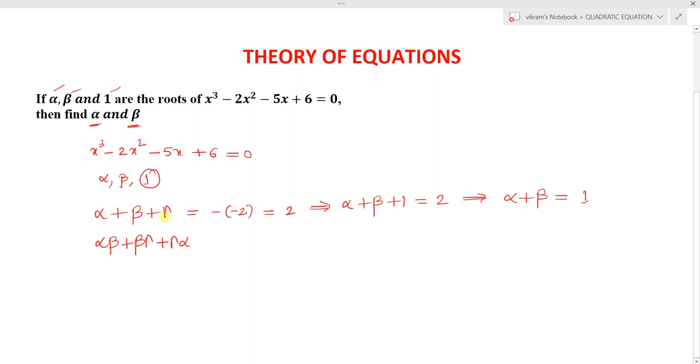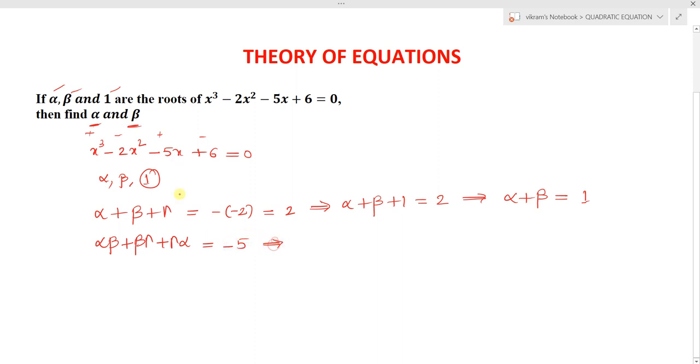Then taking two roots at a time, with gamma equal to 1, the value is c by a, which is minus 5.